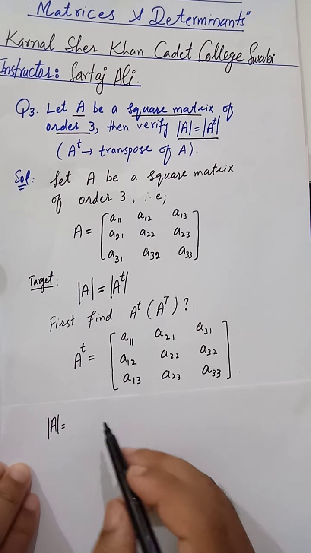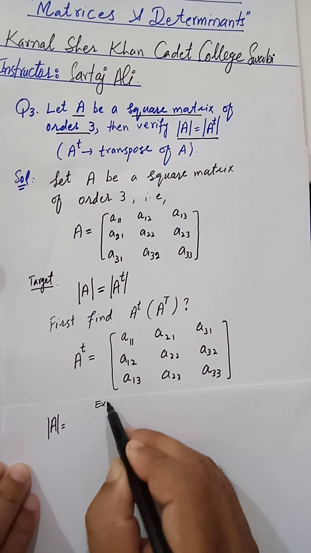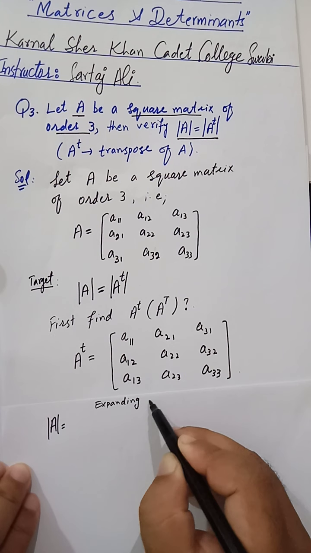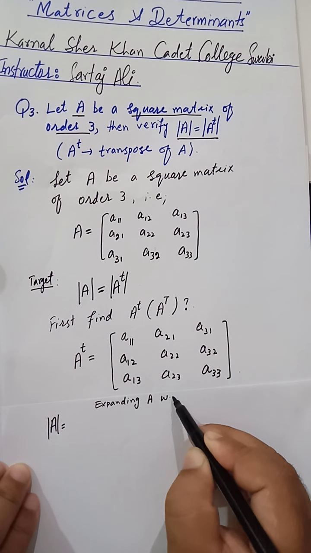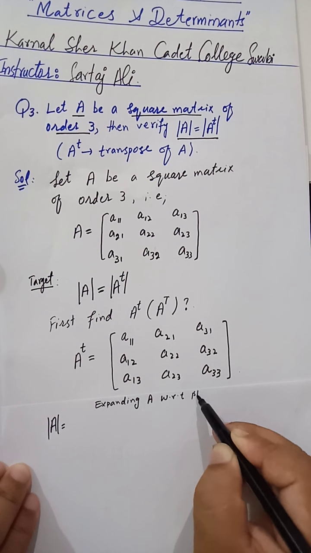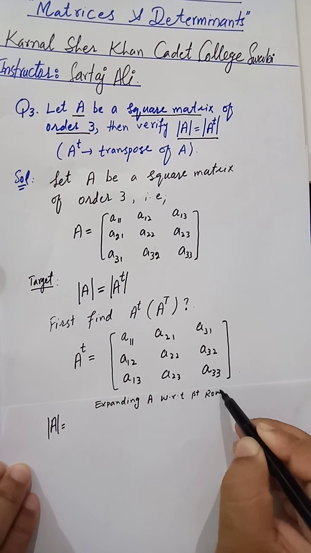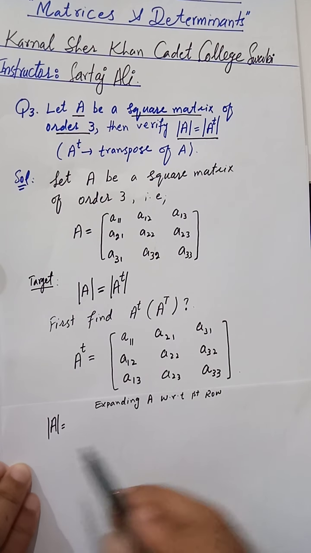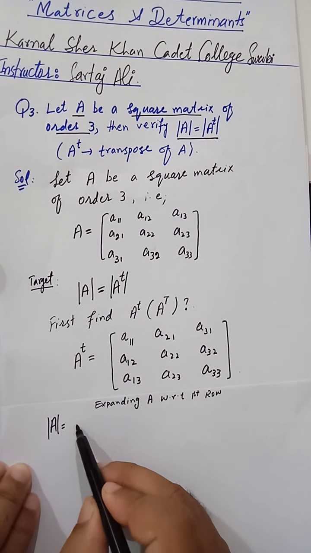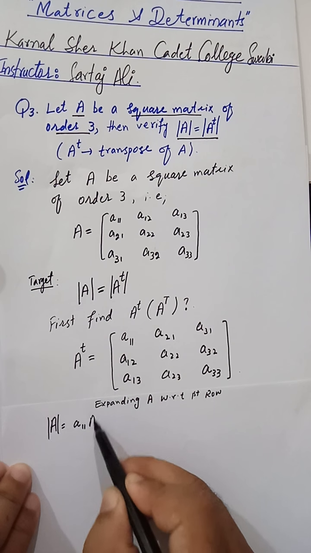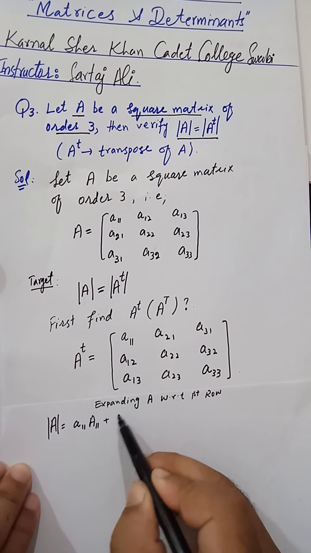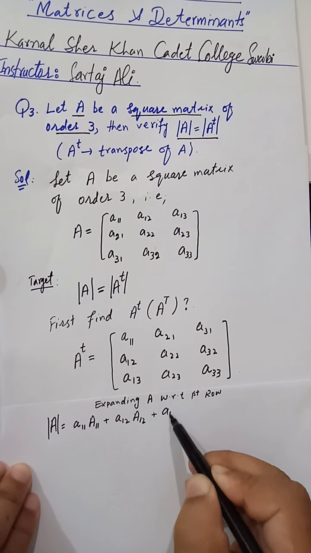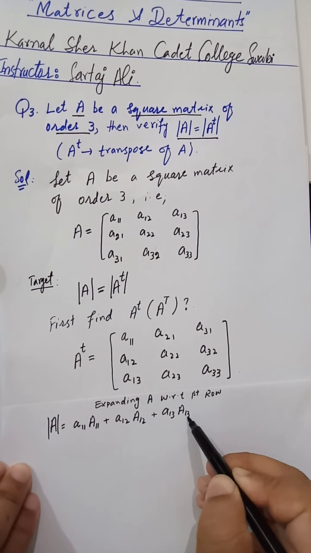So you must write here, finding the determinant expanding A with respect to first row. According to that, the formula for the determinant must be a11 capital A11 plus a12 capital A12 plus a13 capital A13.